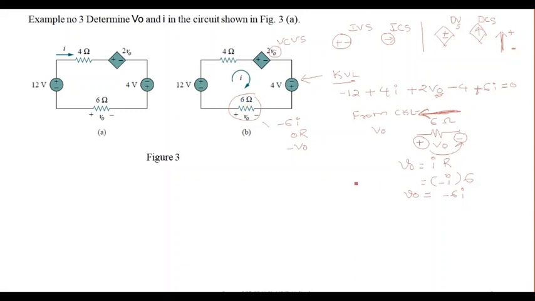If you substitute and check, you will see that the I value turns out to be minus 8 amps and V0 turns out to be 48 volts. Okay, so this is how it is done.